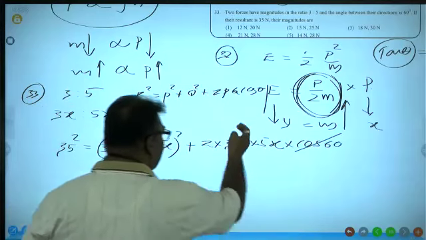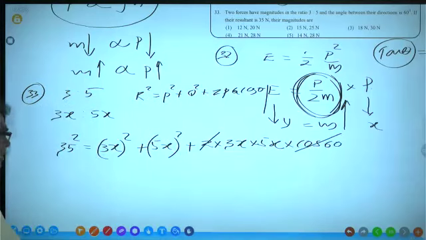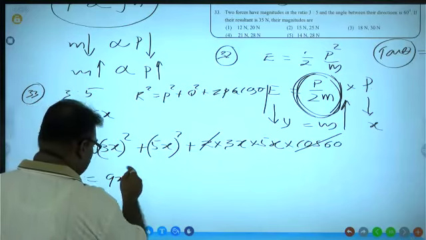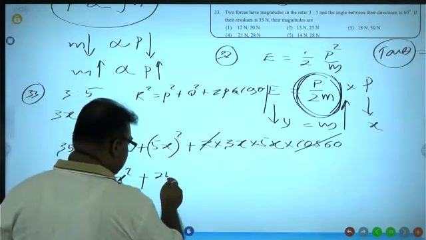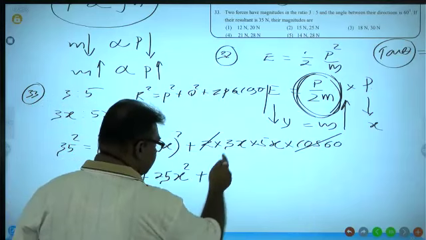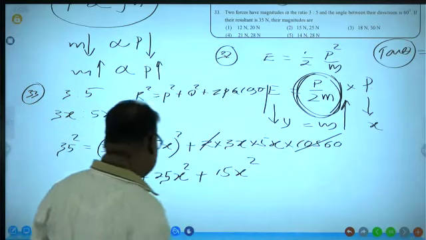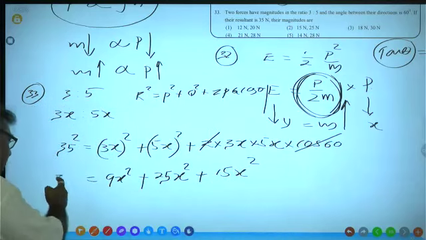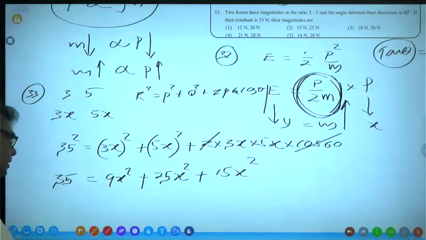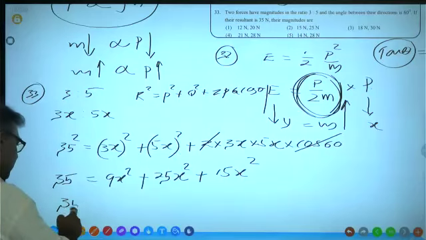Cos 60 is half, so the 2 cancels. Then we have 9x squared plus 25x squared plus 15x squared, which equals 35 squared.